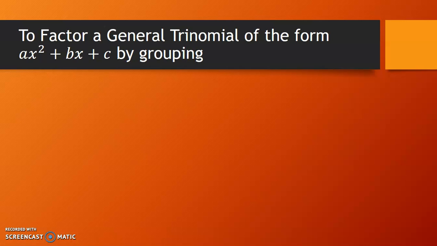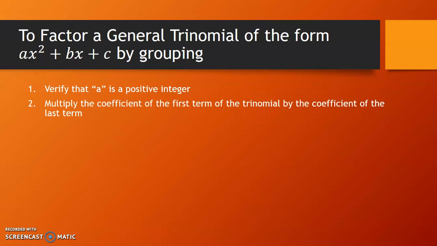So in order to factor any general trinomial that's of this form, ax squared plus bx plus c, we're still going to be using that grouping technique. A, b, and c for these problems are all going to be numbers. And so what we need to do is first make sure that a is positive. So if it is negative, you want to make sure that you change it to a positive.